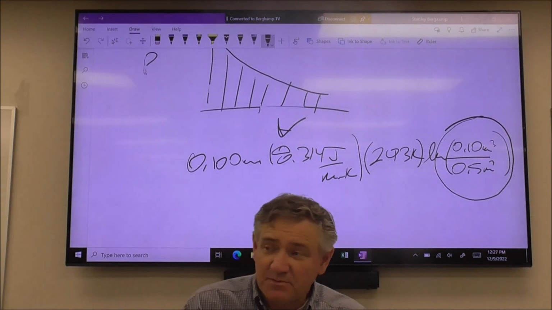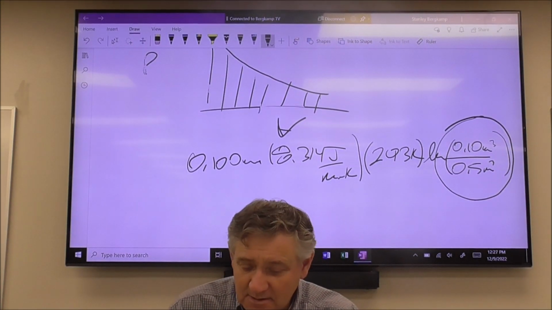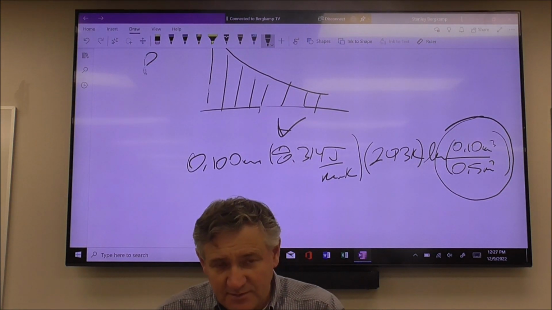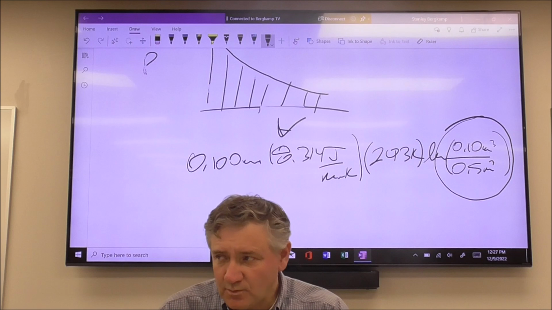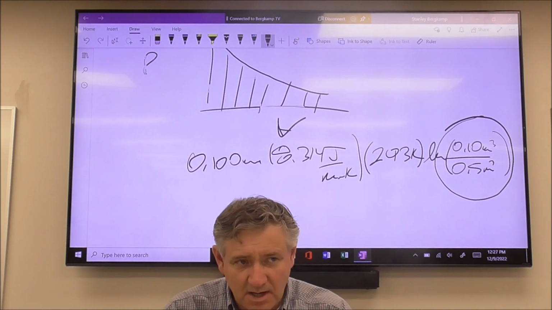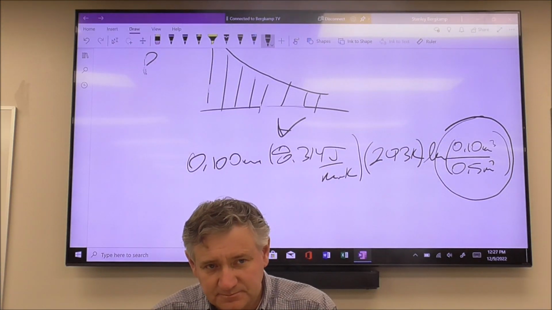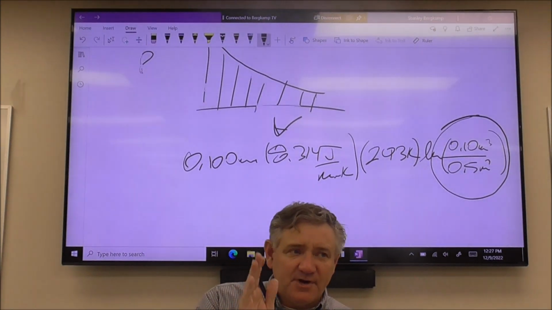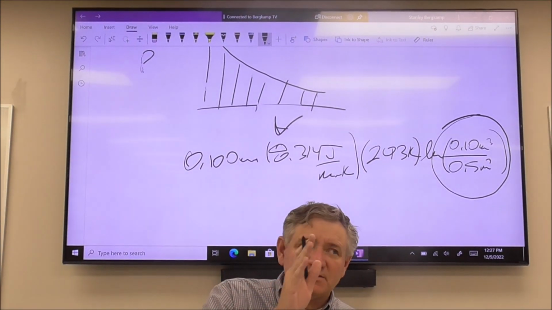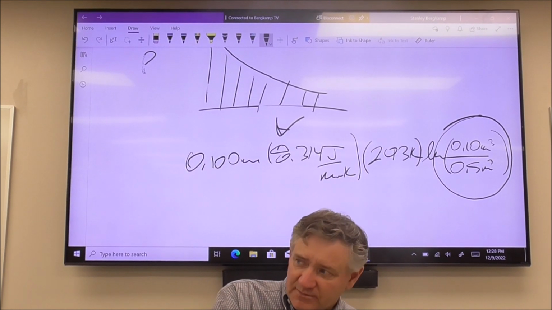So does anybody remember what the sign is of the natural log of a value less than 1? Is it positive or negative? Negative. Okay, so the natural log of any value that's less than 1 is going to be a negative value.